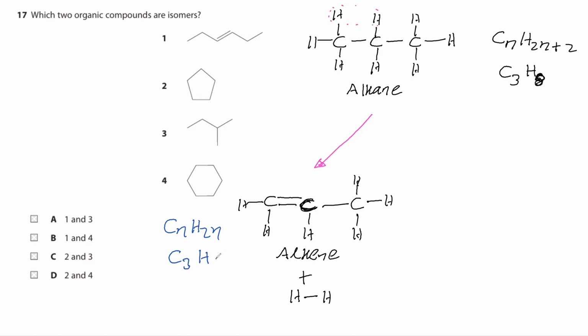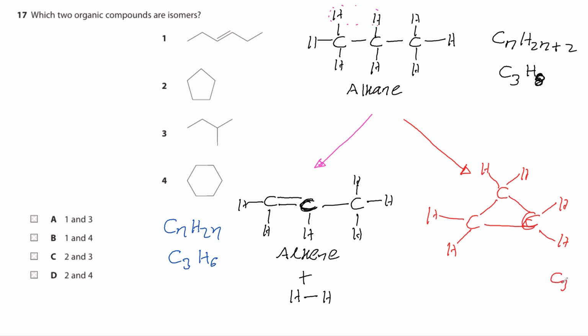So the formula here is C3H6, 2 times 3. But if this alkane turns into a cyclic product, a cycloalkane, that means these 3 carbons form a cycle. Carbon has to have 4 bonds, so I put 2 hydrogens here, 2 more hydrogens here, and 2 more hydrogens here. Can you see, they are still C3H6.